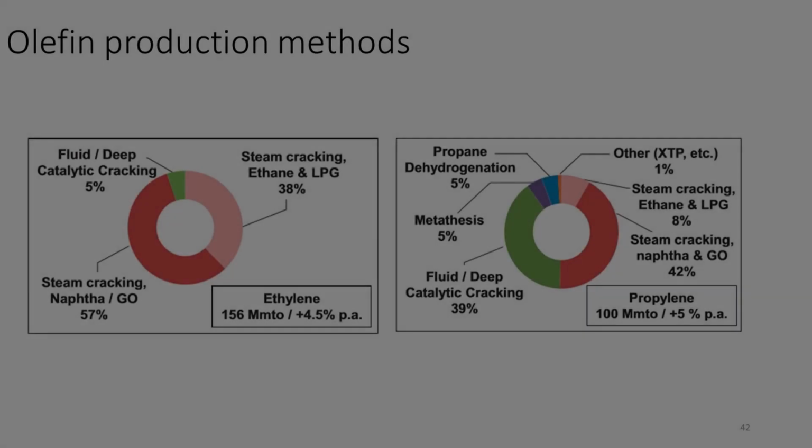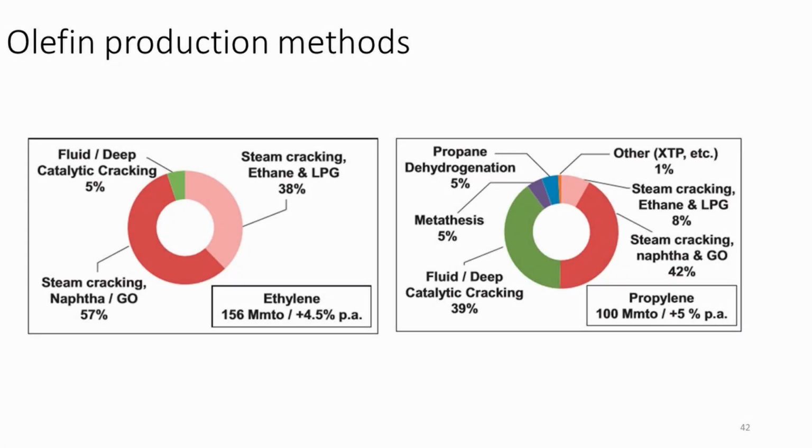Steam cracking and fluid catalytic cracking of naphtha, light diesel, and other oil products are the most common methods for obtaining these light olefins. In 2007, less than 3% of propylene was produced by on-purpose techniques, while fluid catalytic cracking and steam cracking account for the bulk of the propylene produced.